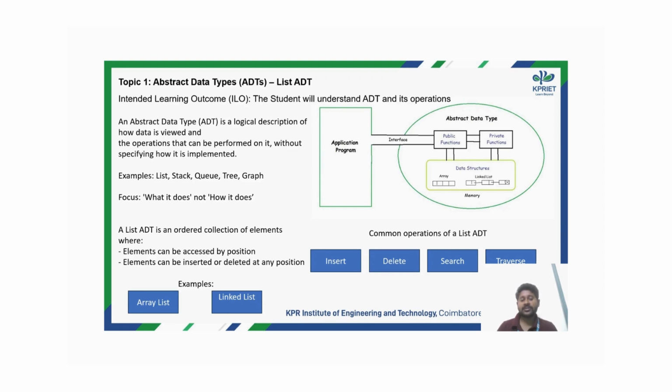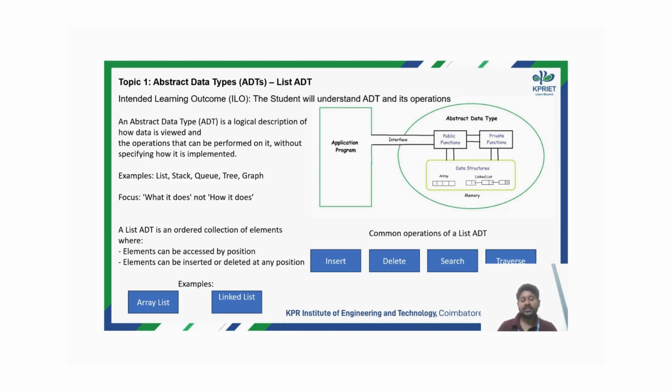Examples of abstract data types are list, stack, queue, tree, and graph, which are all covered in our syllabus actually. First, a list ADT. A list ADT is an ordered collection of elements where elements can be accessed by position, and elements can be inserted or deleted at any position, which means a list ADT is a set of elements, to be simple. That set of elements may be from an array or list or whatever it is.